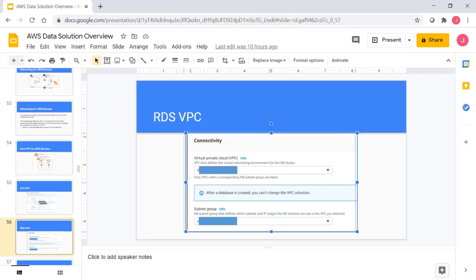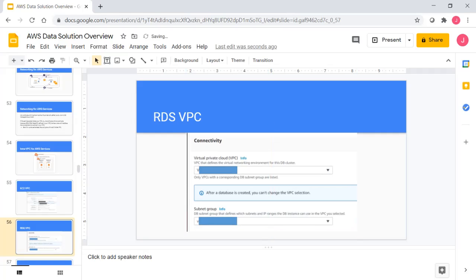This subnet group is a group of multiple subnets across different availability zones. So AWS will automatically pick one subnet and build your RDS there. You do not necessarily need to know which subnet it is in.